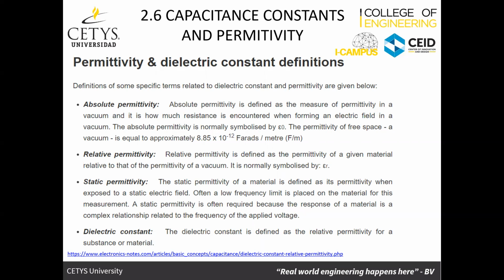It's the famous or infamous 8.85 times 10 to the minus 12. It's that constant that gives us the Coulomb's constant, the 9 times 10 to the 9. That is the permittivity of free space or vacuum. Remember that vacuum is always going to be a reference, because what exists in vacuum? Nothing. So that's the reference.